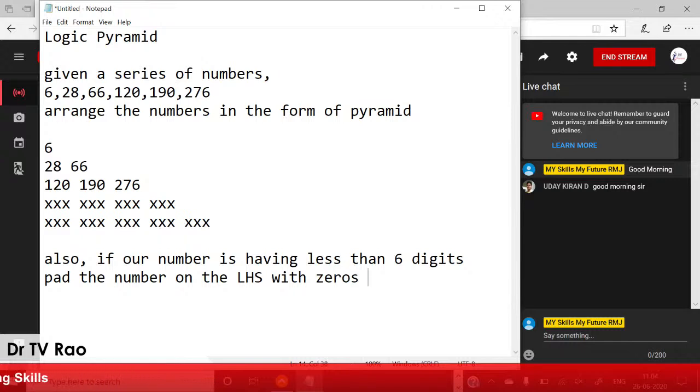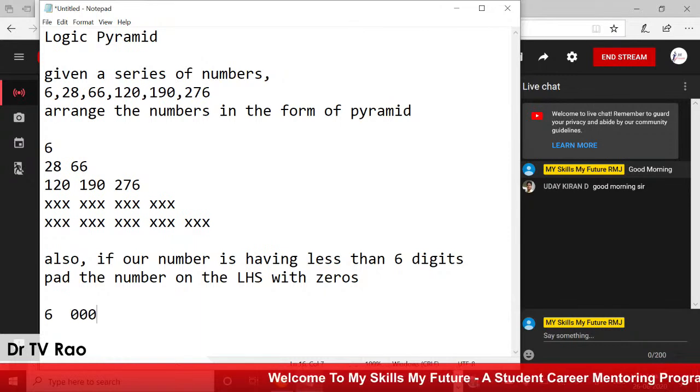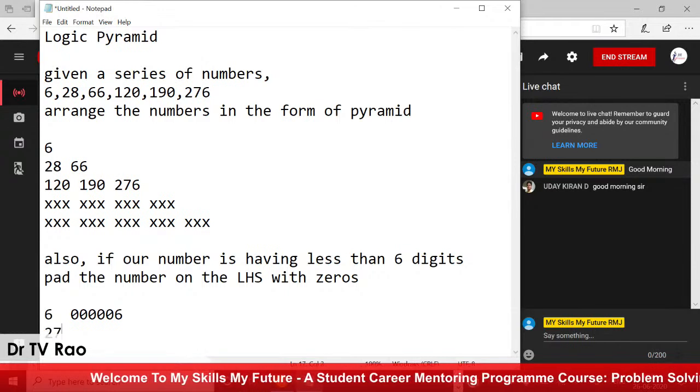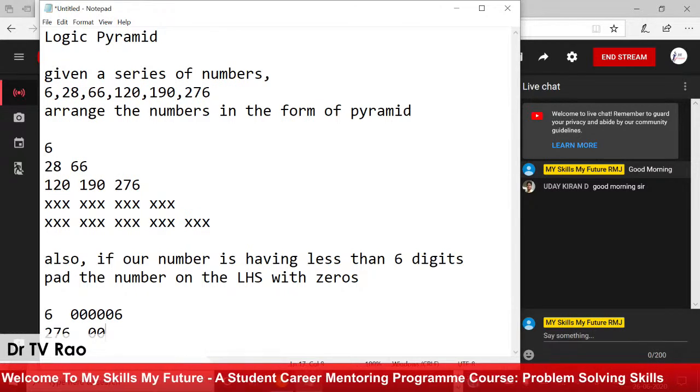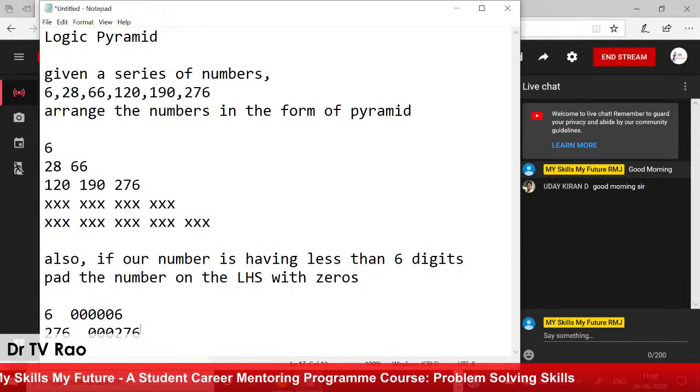How many zeros? As many zeros as it is short. The number 6 is to be padded with 5 zeros. If the number is 276, you need to pad this with 3 zeros.